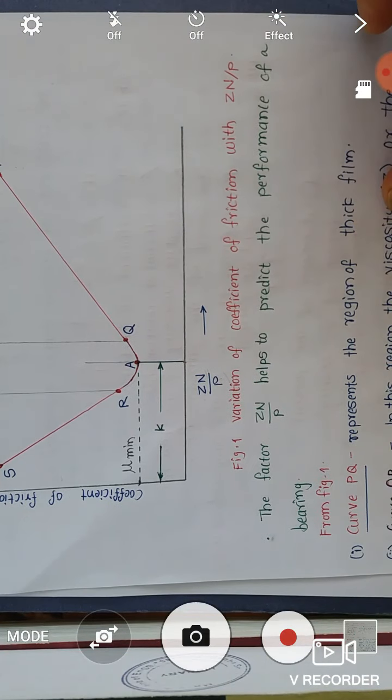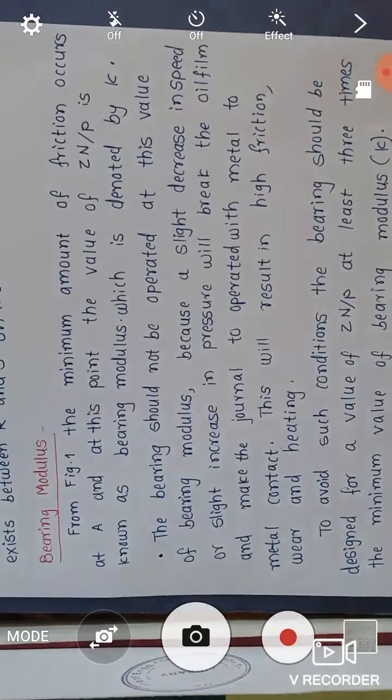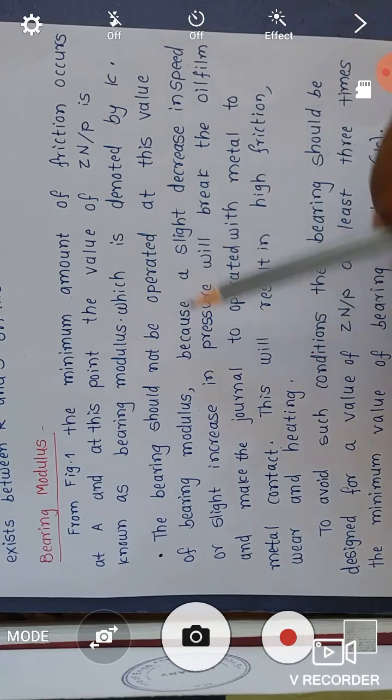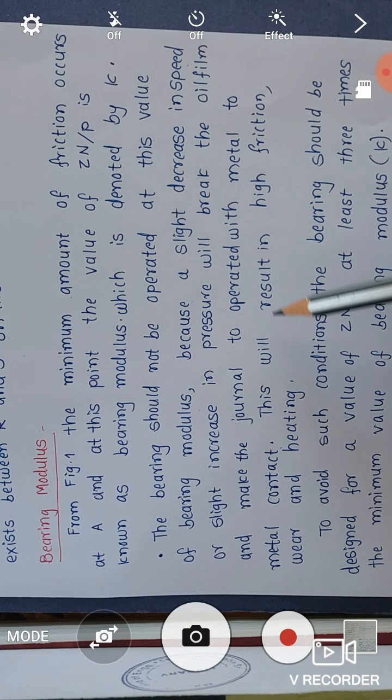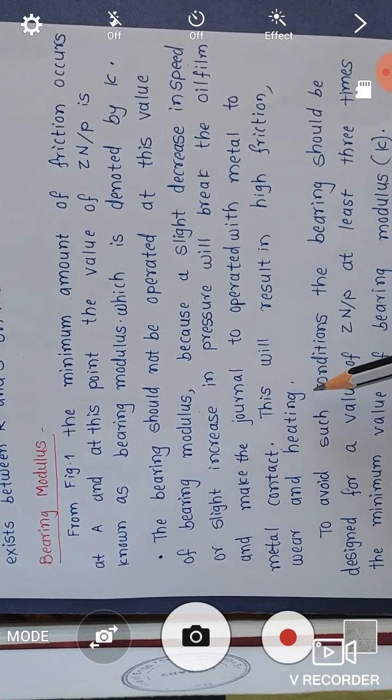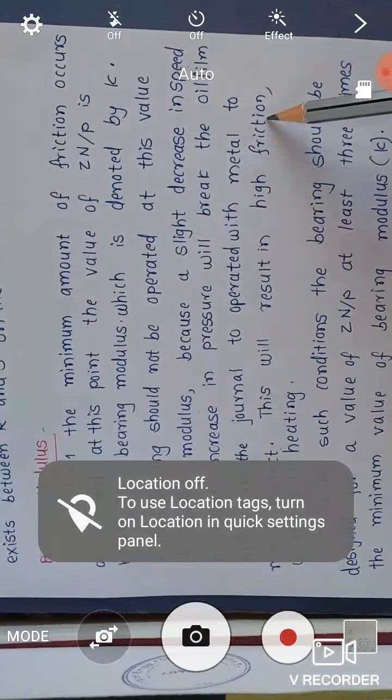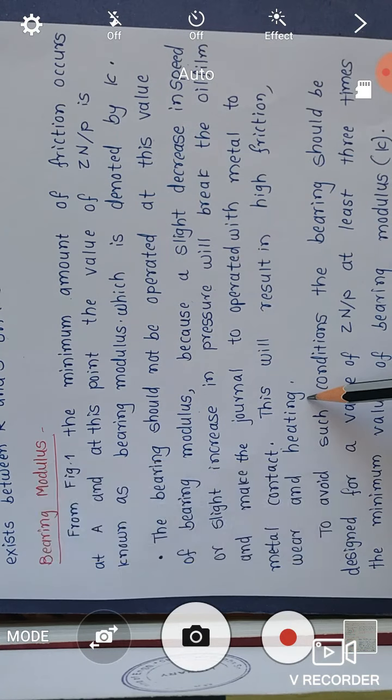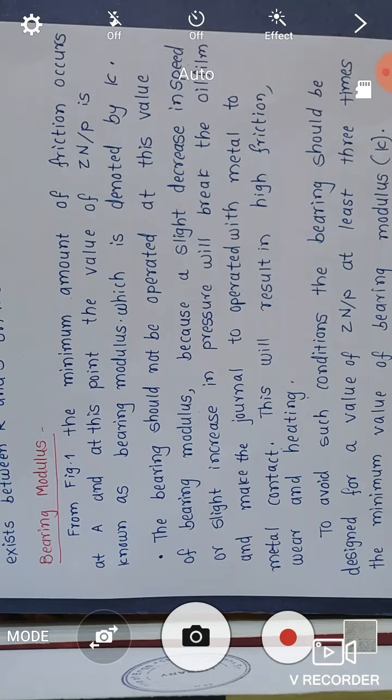A slight increase in friction will break the film thickness, and metal to metal contact takes place in this region. So in this region there will be high friction, wear, and heating.